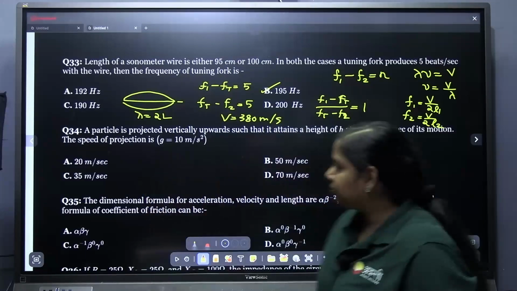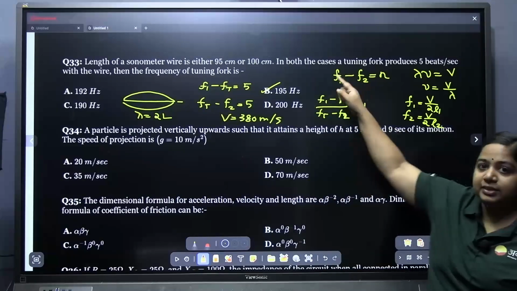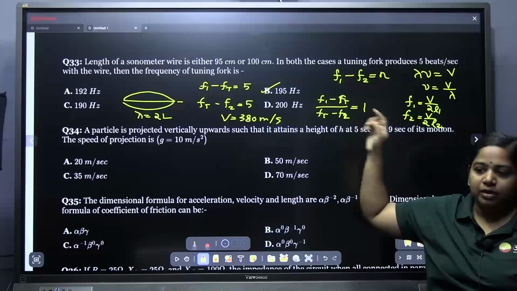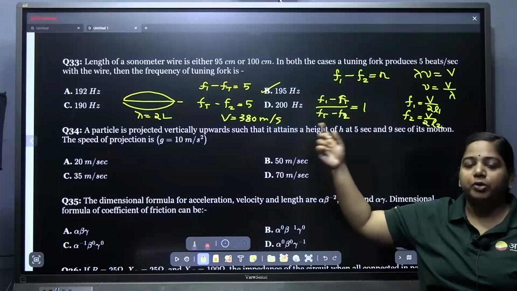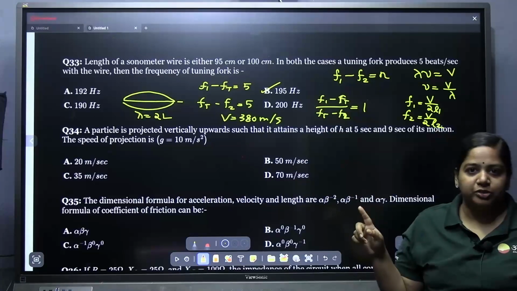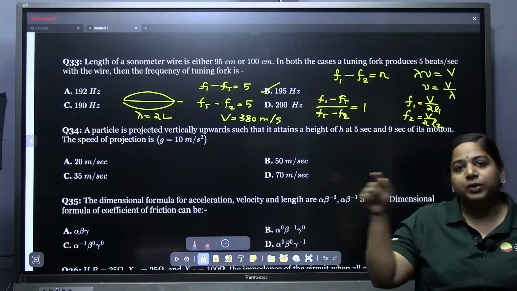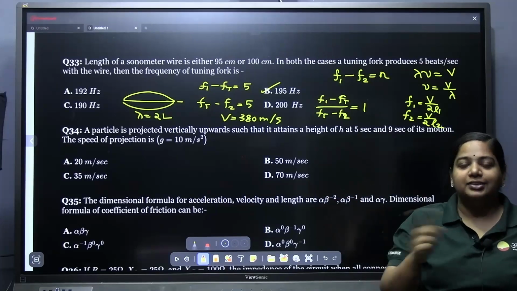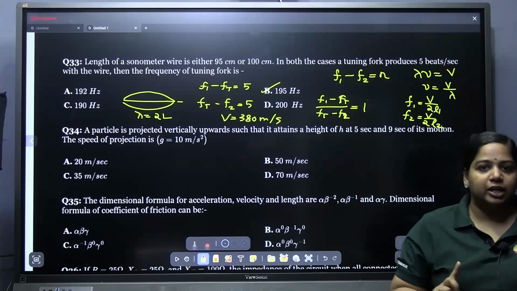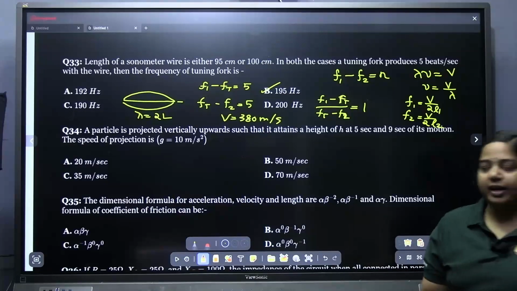Once more, number of beats is the difference in frequency. First one is also producing beats, second one also producing beats. So first one's frequency will be more than the tuning fork, second one's frequency will be less than the tuning fork. Like that we can take.